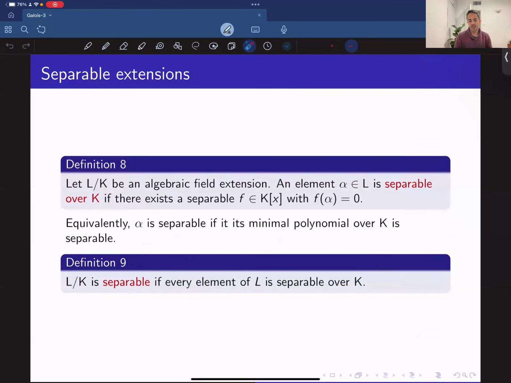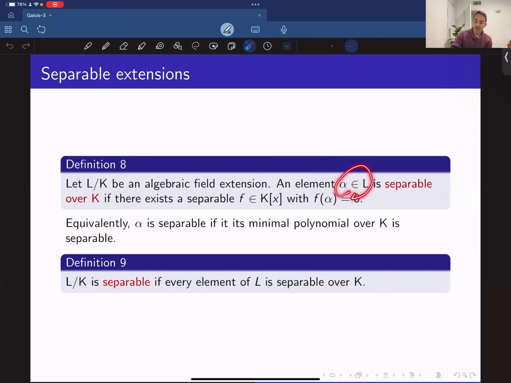So far we talked about polynomials being separable. Now we're going to talk about elements being separable. So say you have an algebraic field extension. We only consider algebraic field extensions, even though you can do it more generally, because this is an element by element definition.